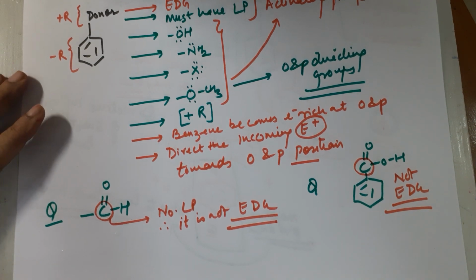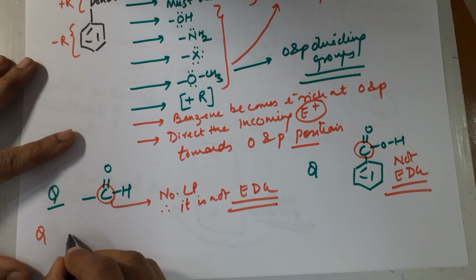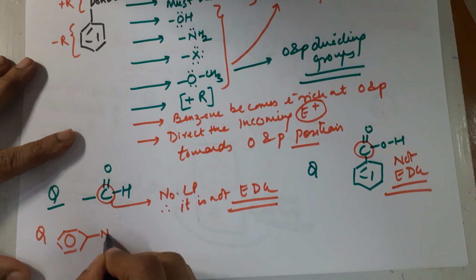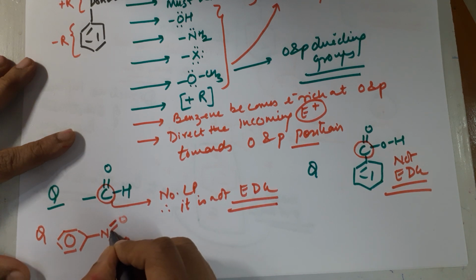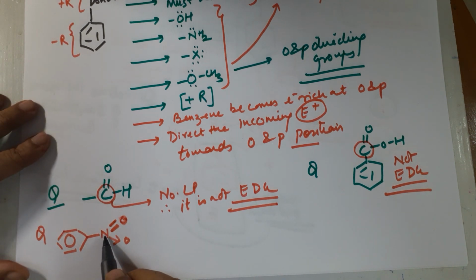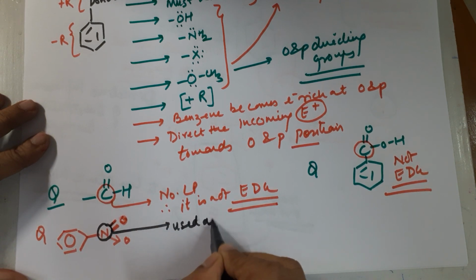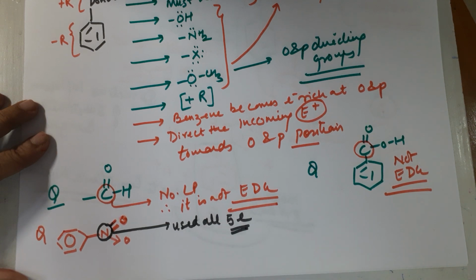Is that okay? Coming to the last example, let's talk about nitrobenzene. A nitrobenzene looks like this. Nitrogen, a double bond over here and a single coordinate bond here. Now, nitrogen has how many electrons in the outermost shell? 5. 1 used here, 2 used here means 3 you have used, and the lone pair is used here, which means nitrogen in this compound has used all 5 electrons for bonding.